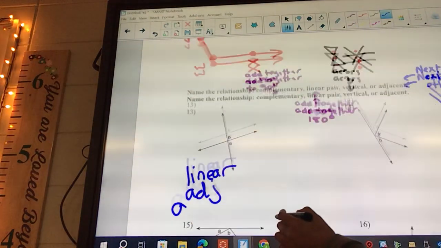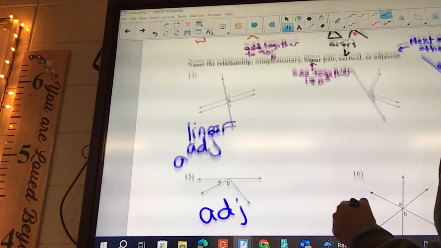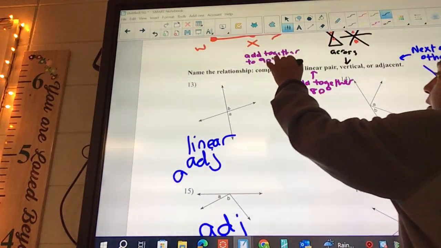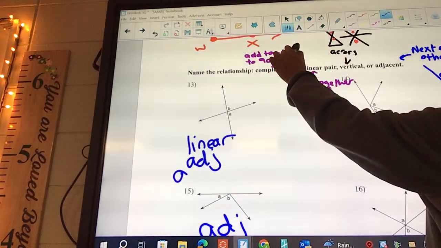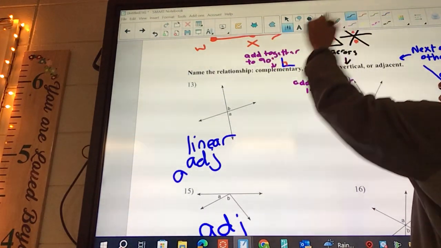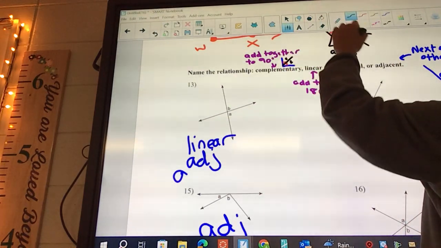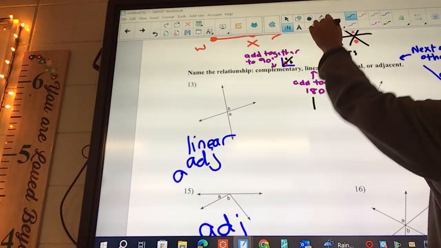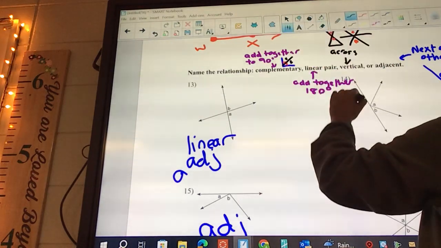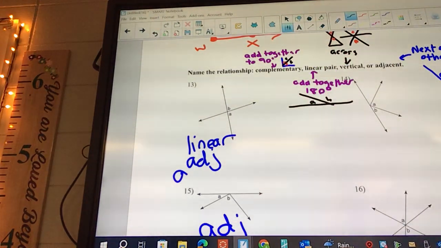And if you even need to, you can draw a picture. When we say add up to be 90 degrees, that means it's going to add up to be that perfect square like that with A and B. Whereas this one, they're going to add up to be A and B in a straight line like that.